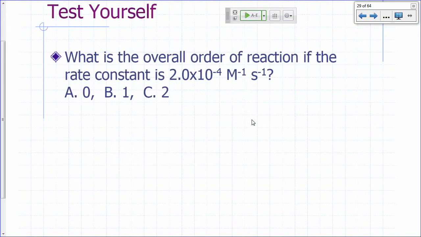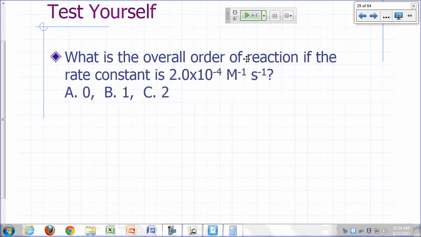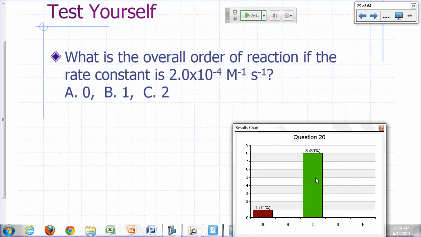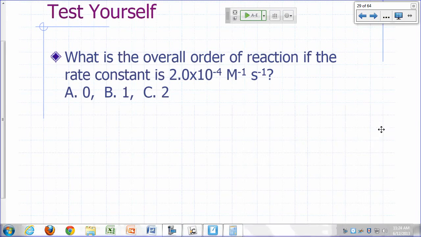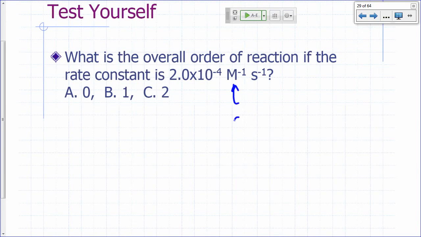How about this one? What's the overall order of the reaction if the rate constant is 2.0 times 10 to the negative 4 per molarity per second? Second order. Per molarity means concentration unit to the negative 1, times a reciprocal time unit.